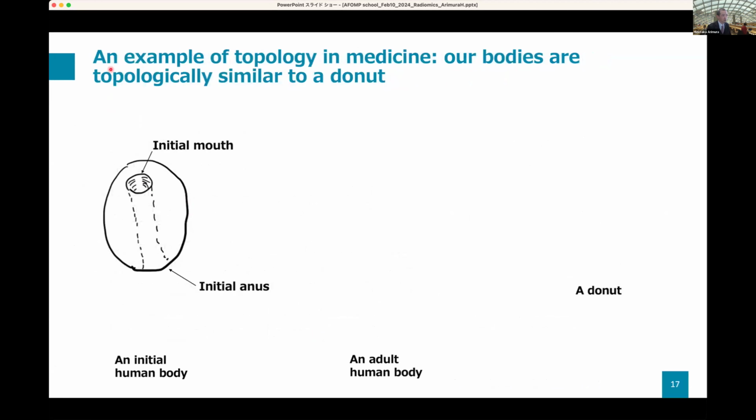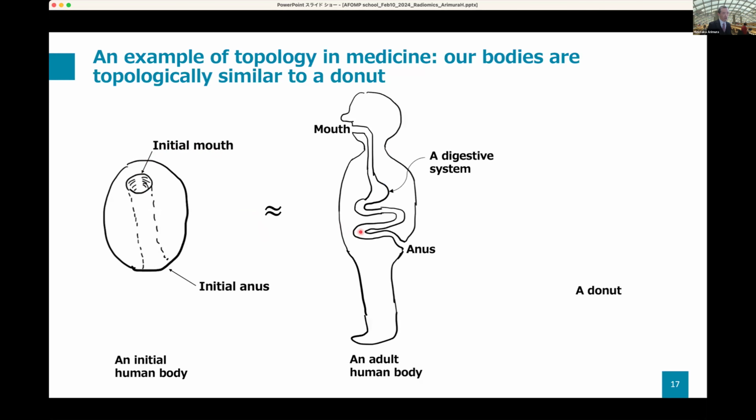And here is an example in medicine related to the human body. Our bodies are topologically similar to a donut. Here is the initial human body, and here is the initial anus, and this anus became a tunnel until it made the initial mouth here.